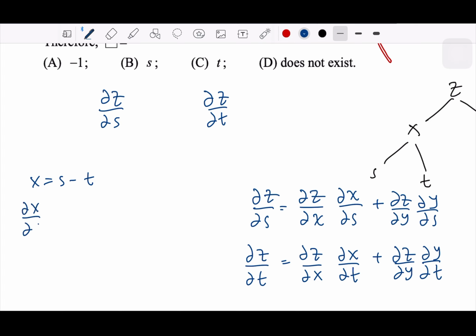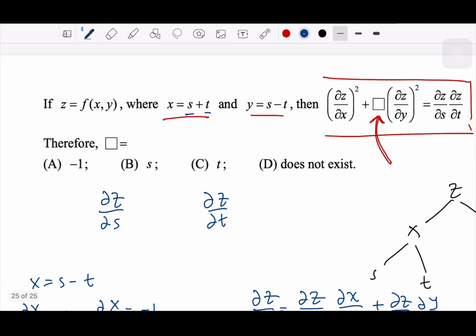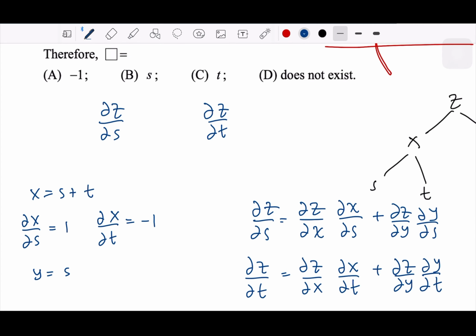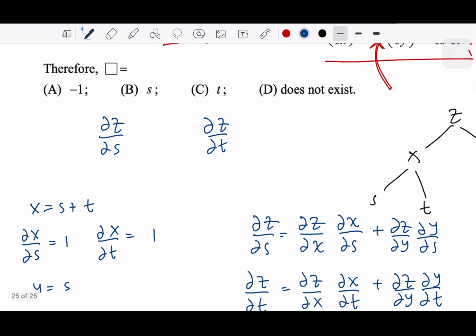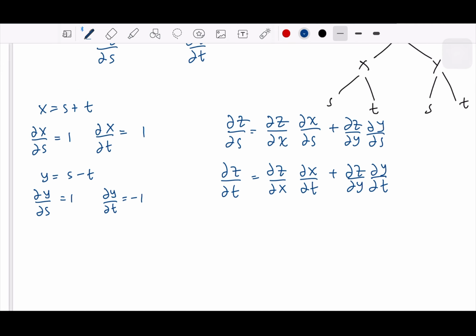So dou x dou s will be 1, and dou x dou t will be 1. And for y, which is s minus t, we have first 1, and dou y dou t will be negative 1. So we can exchange all the terms.